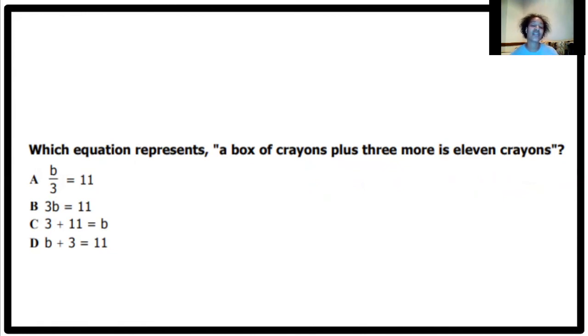So we could definitely eliminate A and B because neither of those answer choices are adding. Now we know the total because it said if we added to this, we would have 11. So 11 is the total number of crayons that we would have. If we looked at our answer choices, the best answer choice should have been letter D, where it shows 11 is our total.